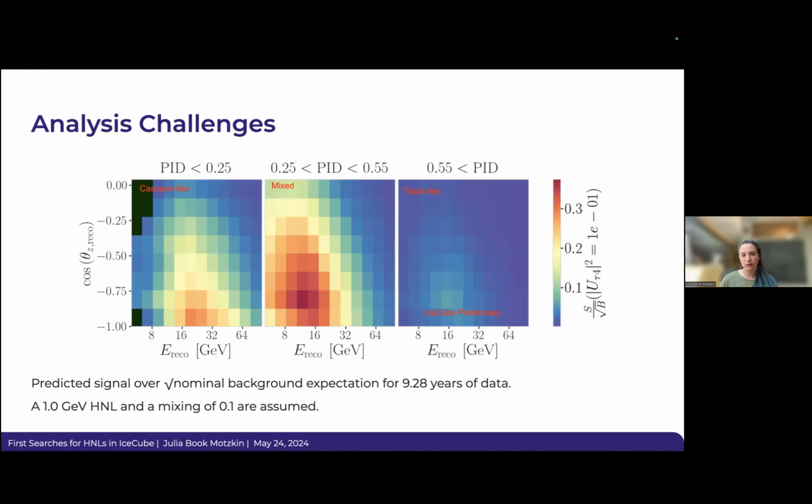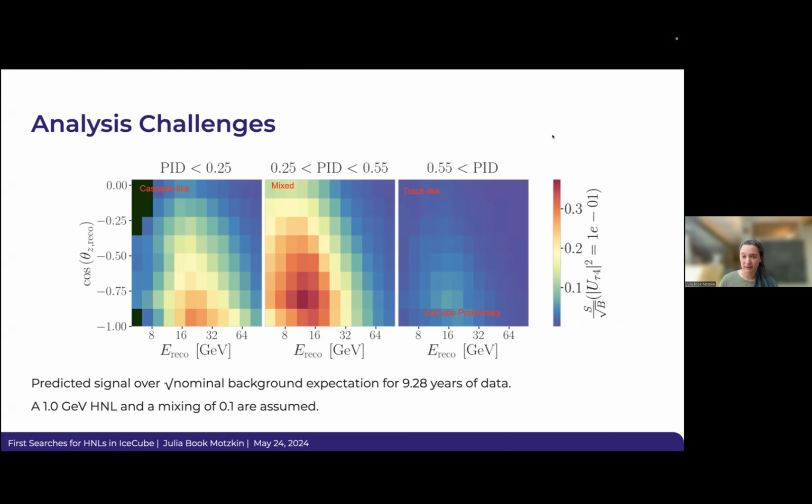So this plot shows the signal over square root of anticipated background for 9.28 years of data. This is IceCube's longest event sample. And as you would expect, the double cascade topology ends up with most of our anticipated signal events being in that mixed region, followed by the cascade region with almost nothing in the track-like region.